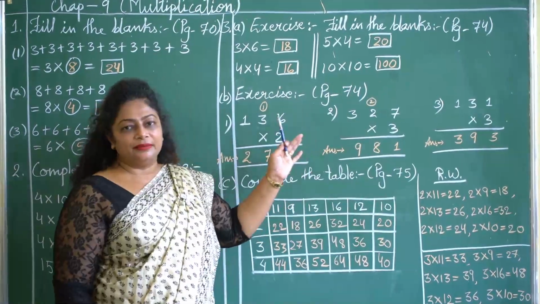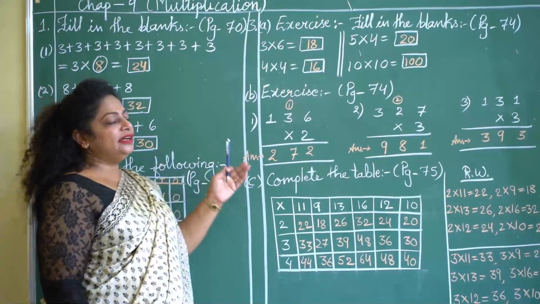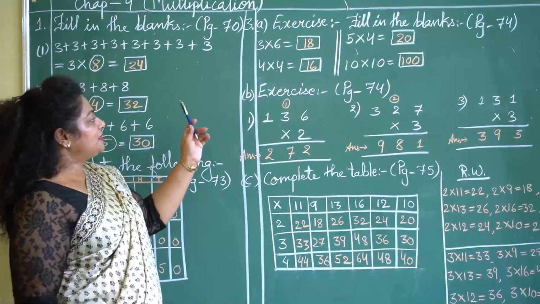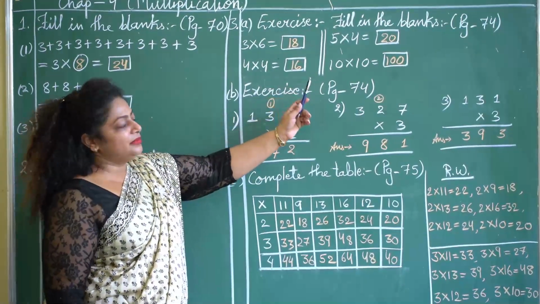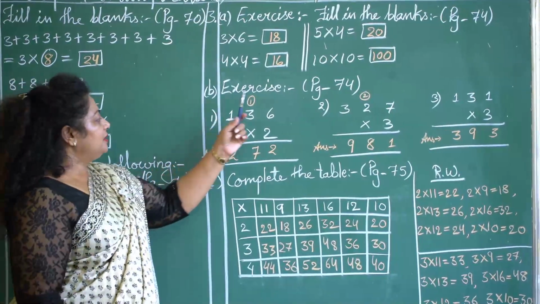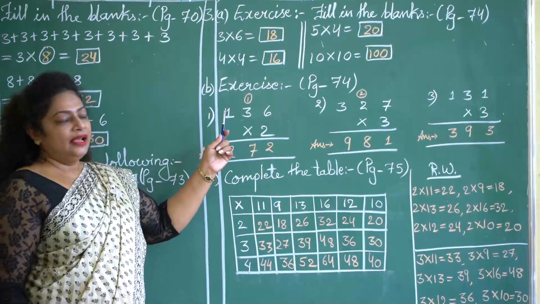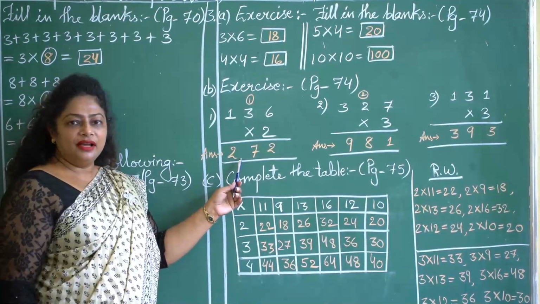It was very simple. All can do it and all can understand it because we have already done it in the lower classes. Now let's come to the exercise which is given on again the same page number 74. Now the sums are written column wise and we have to multiply these numbers and give the answer.